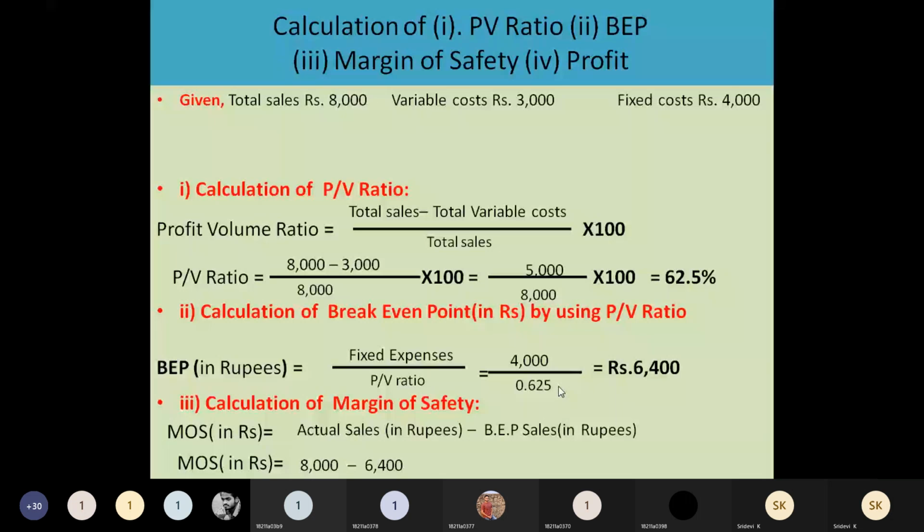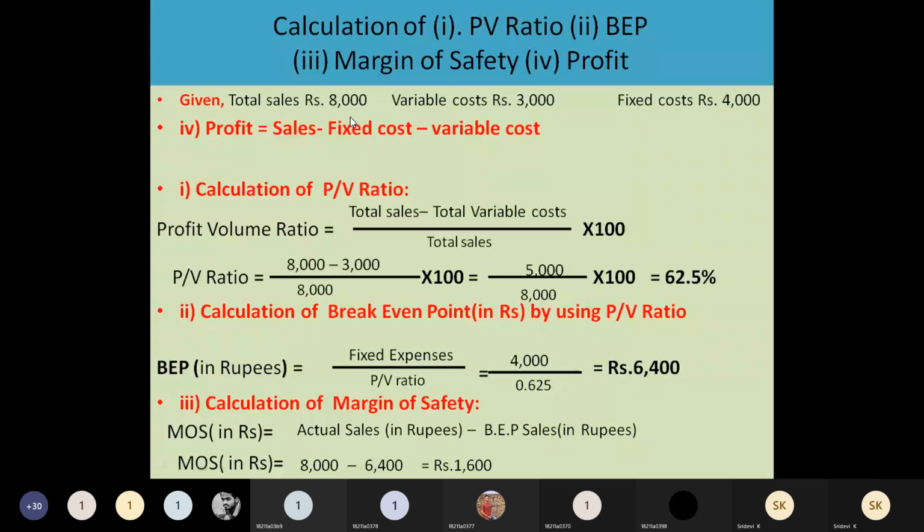The last point that you have to calculate is profit. To calculate profit, use this formula, which you can see on the top of the screen: profit is equal to sales minus fixed cost minus variable cost. Keep the heading as calculation of profit. I have not mentioned it here, but you mention that.